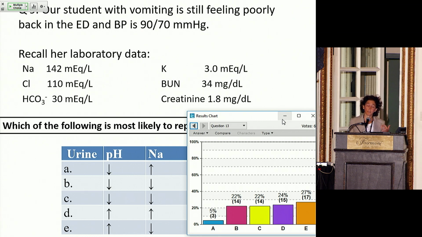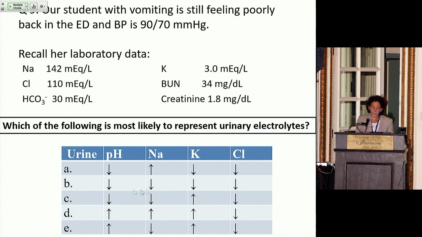And so the sodium's going to be low, the pH is going to be low. And now, because there's very little distal delivery of sodium, the potassium is going to be low. And they're vomiting, so the chloride's low. So some have called this electrolyte poor urine. And so that is why the desired answer should be this one here, B, because everything is down, okay?